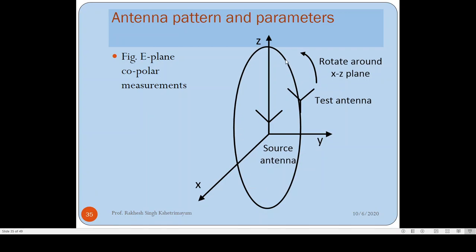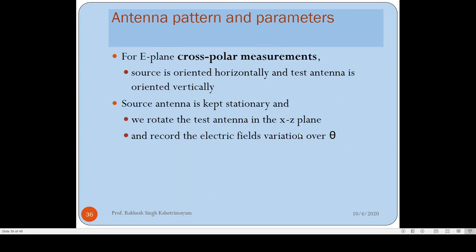Then what plane is this? This is the elevation plane. So you measure the change in the received electric field from this transmitting antenna by this receiving antenna in the XZ plane. So this is the elevation pattern measurement of the antenna, and this is copolar because you have aligned this transmitting antenna and receiving antenna in the same polarization.